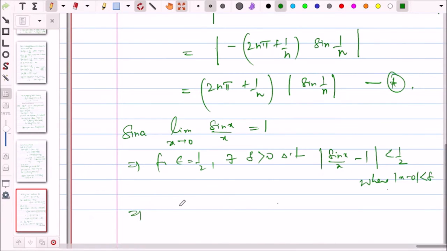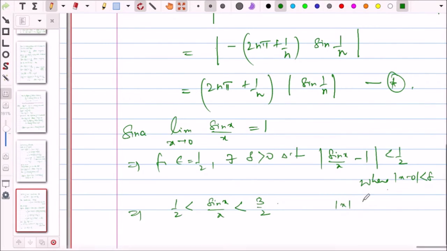When you simplify it, you will get 1/2 < sin x / x < 3/2 whenever |x| < δ.